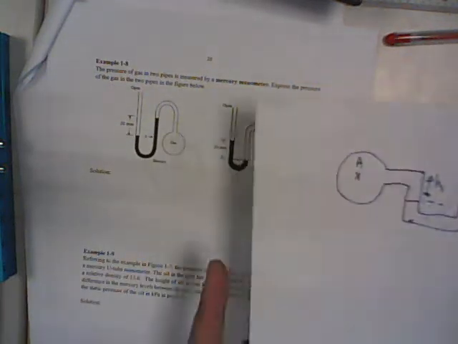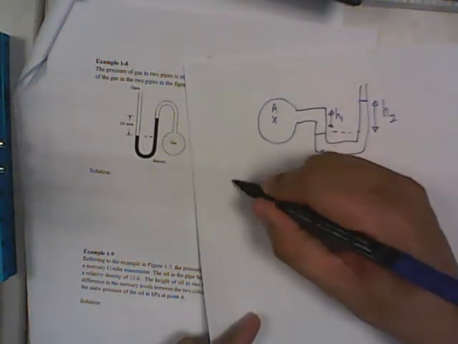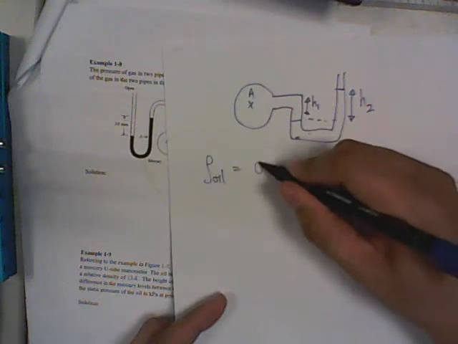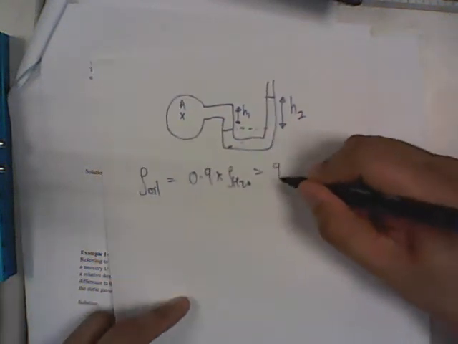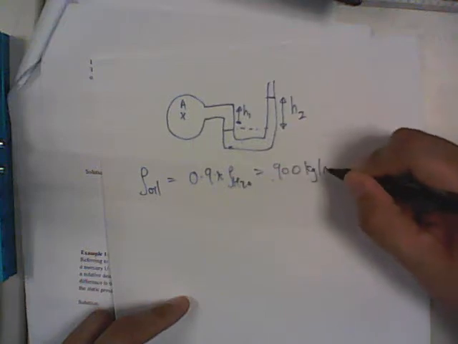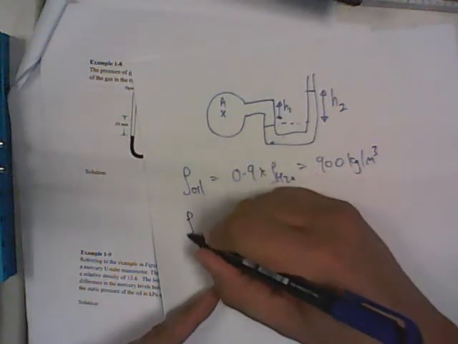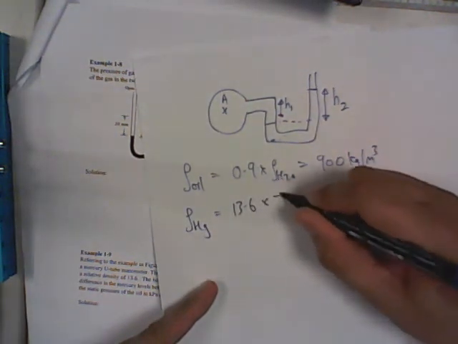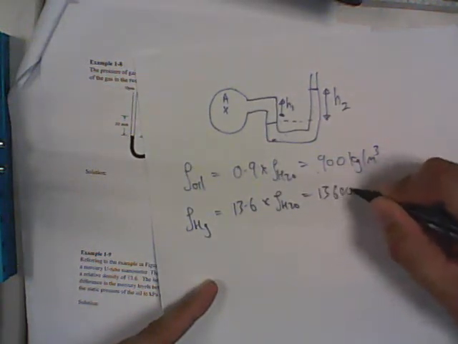The oil has a relative density of 0.9, so the density of oil is 0.9 of water, which will give you 900 kg per meter cube. And the density of mercury is 13.6 times, so it gives you 13,600.